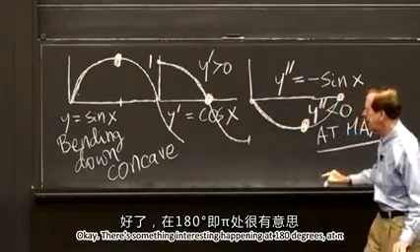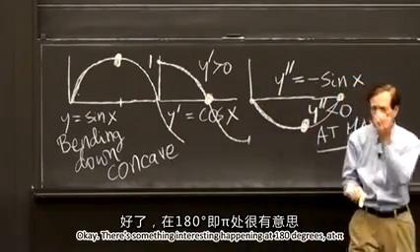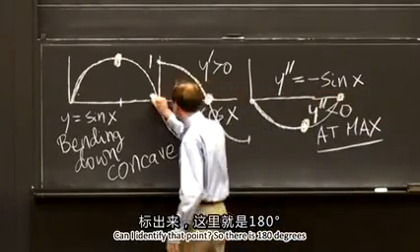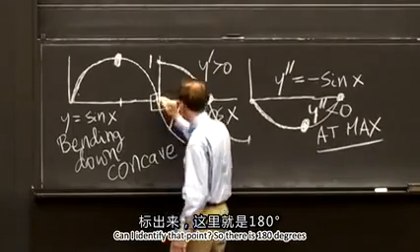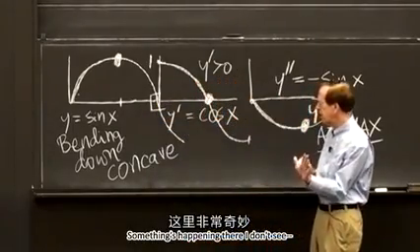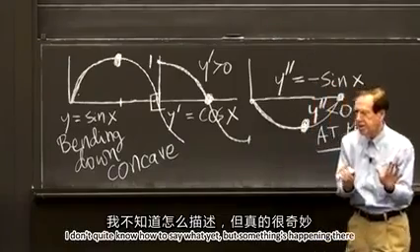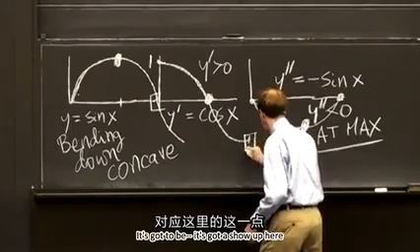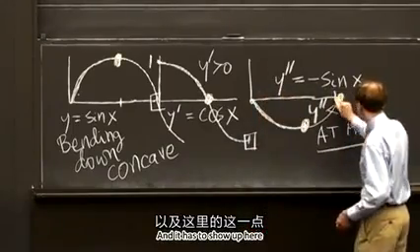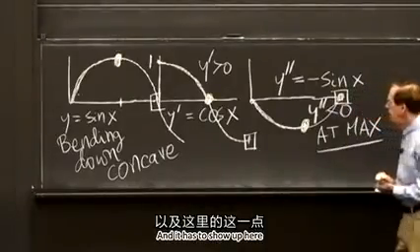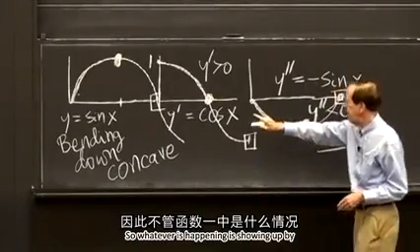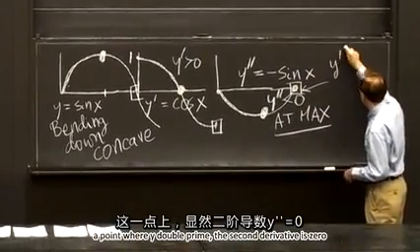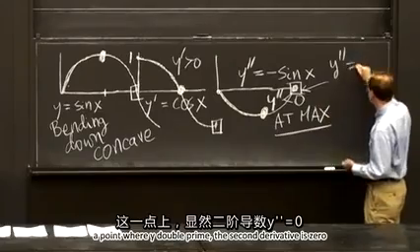There's something interesting happening at 180 degrees, at pi. Can I identify that point? So there's 180 degrees. I don't quite know how to say what yet, but something's happening there. It's got to show up here, and it has to show up here. So whatever is happening is showing up by a point where y double prime, the second derivative, is 0.